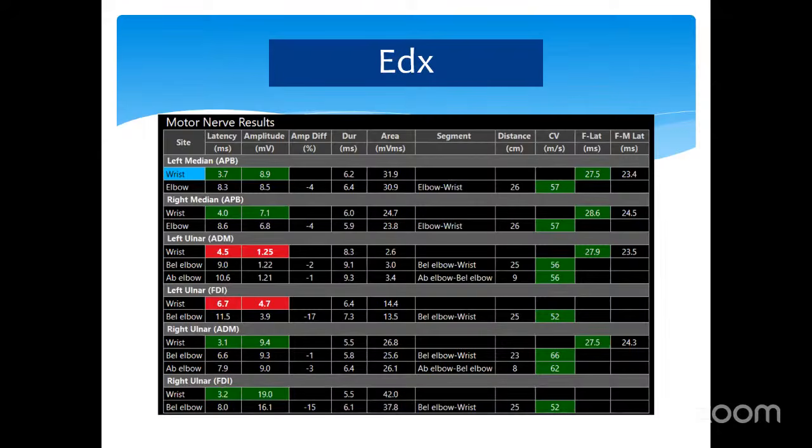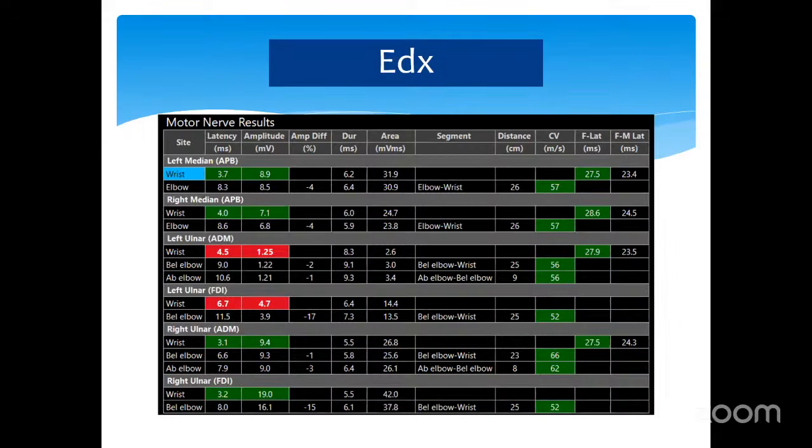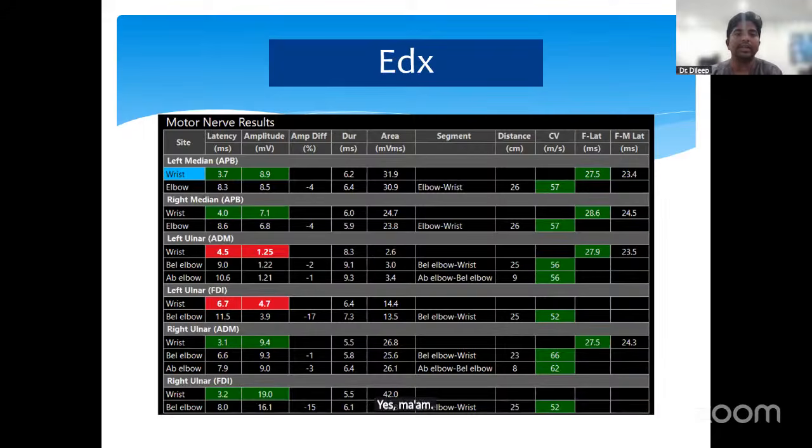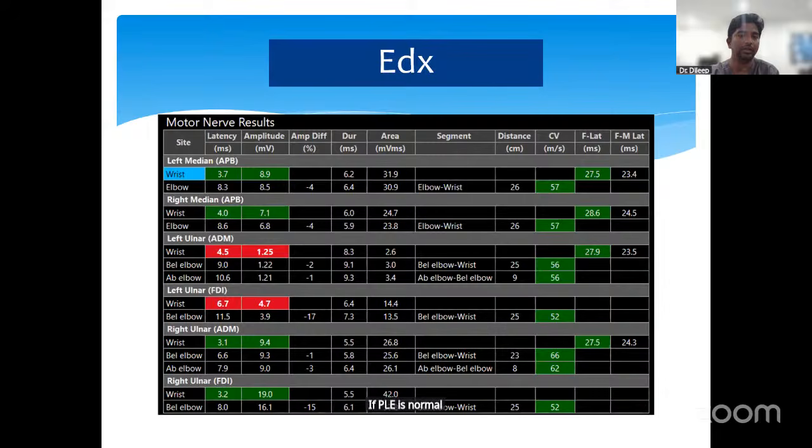Then how will you differentiate it from the other differential diagnoses, like medial cord and others, in this patient? Yes, ma'am. As the patient has no other sensory complaints, the median nerve innervated C8-T1 group of muscles, that is APB and FPL, are normal, along with EIP, which is also supplied by the C8-T1 root.